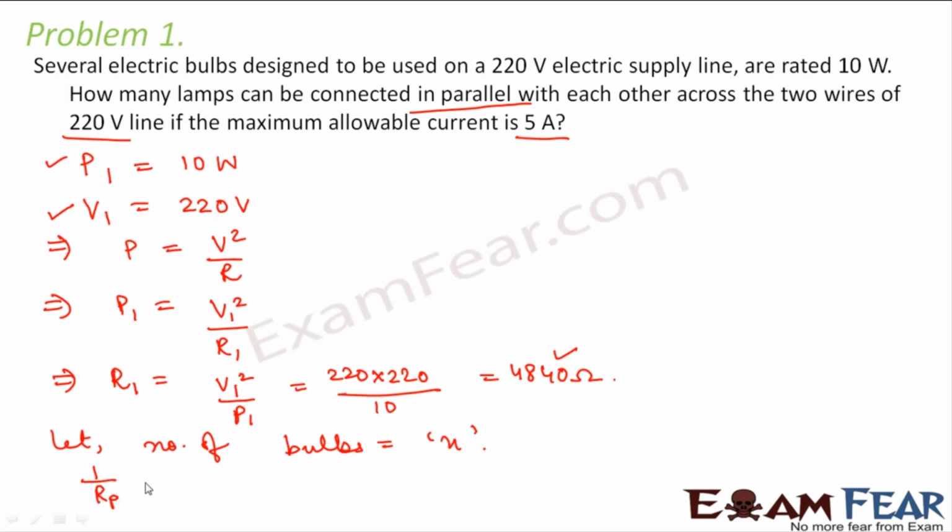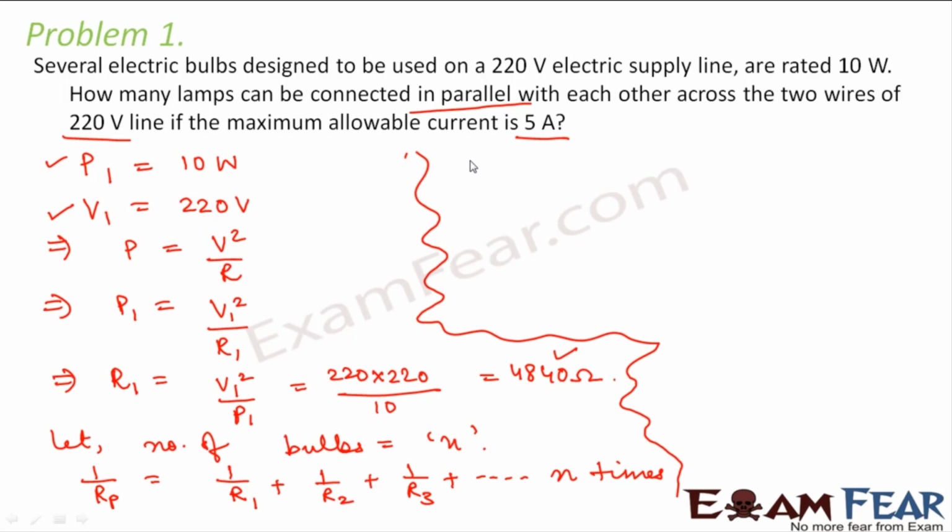1 by Rp, if Rp is the equivalent resistance, will be equal to 1 by R1 plus 1 by R2 plus 1 by R3. This will be added N times because I have assumed that the total number of bulbs is N. Now the values of R1, R2, R3, all these values are same, they all are 4840.